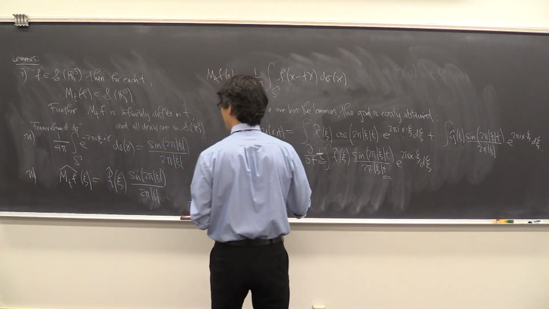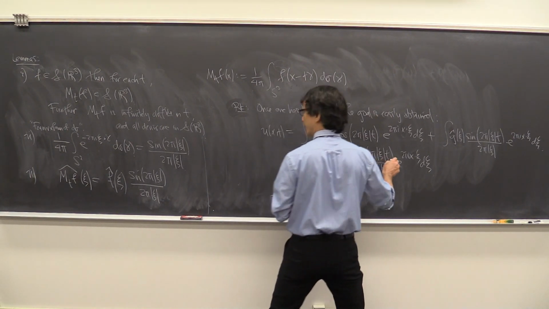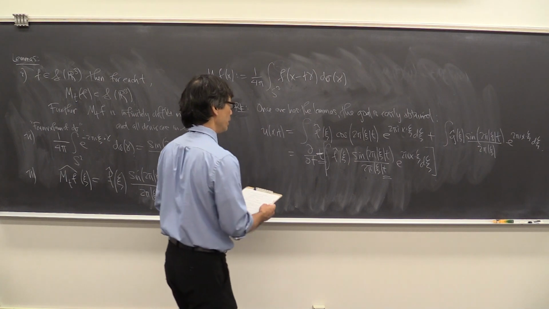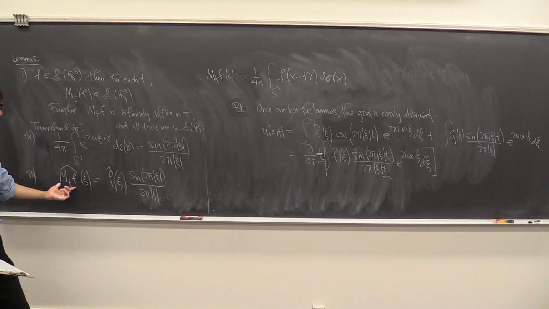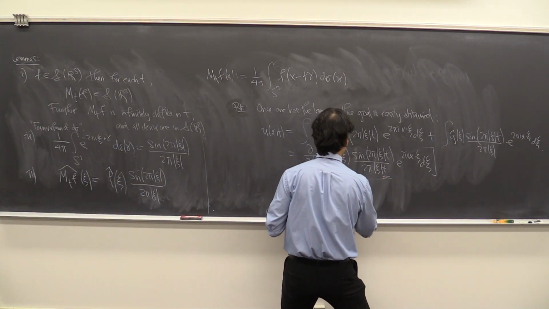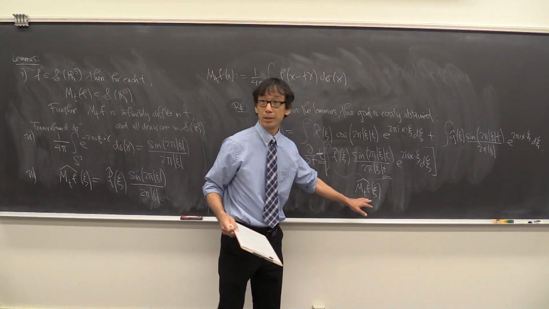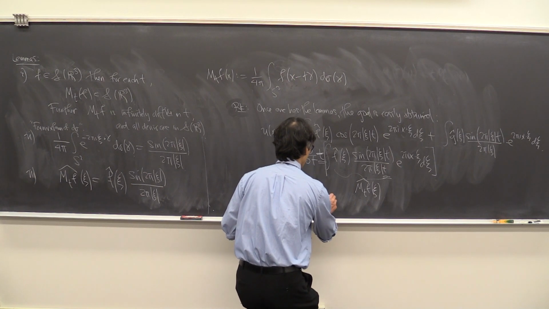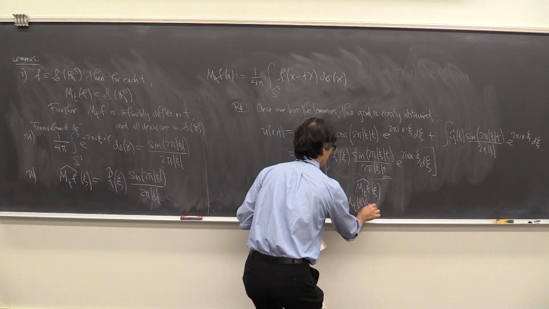But then you see that this thing is the inverse Fourier transform of the Fourier transform of the spherical mean, and so this first term just turns into d dt of t times M_t f at x.